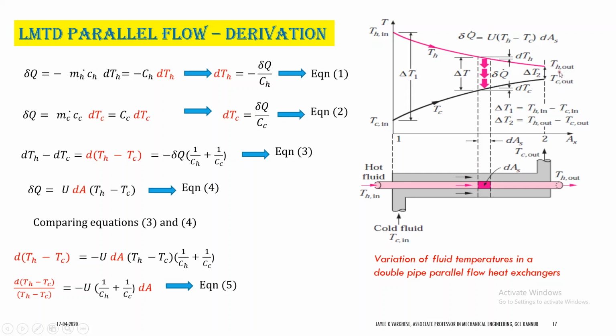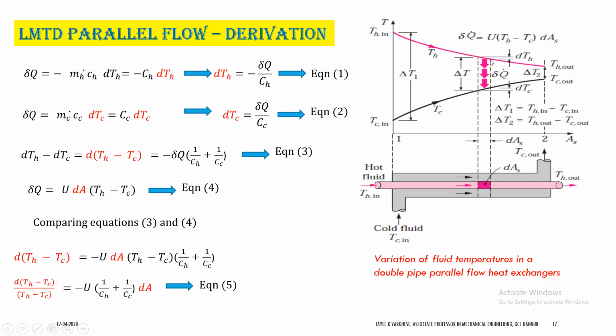Similarly, for out conditions I am using O only, whereas in this picture they are using out. So please pardon me for this small difference in the notations between the figure and the equations. I believe that there is not much confusion caused due to this difference.